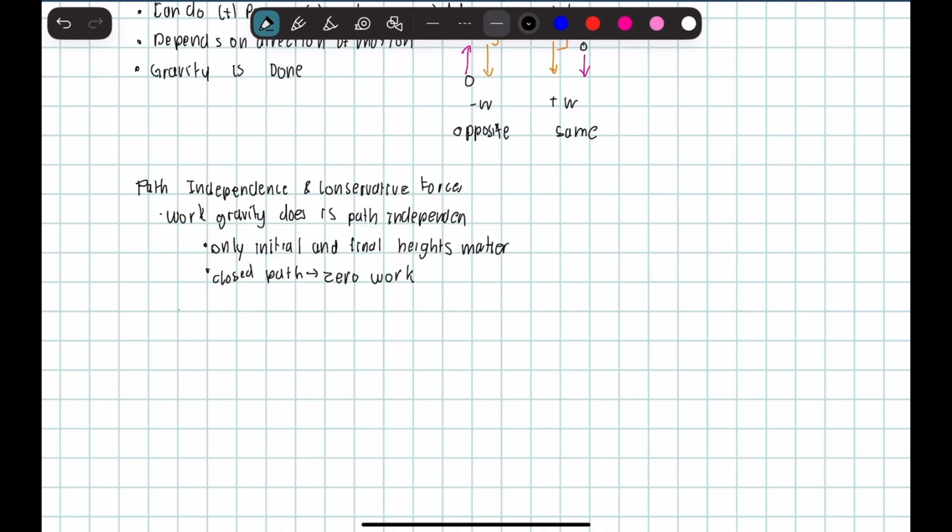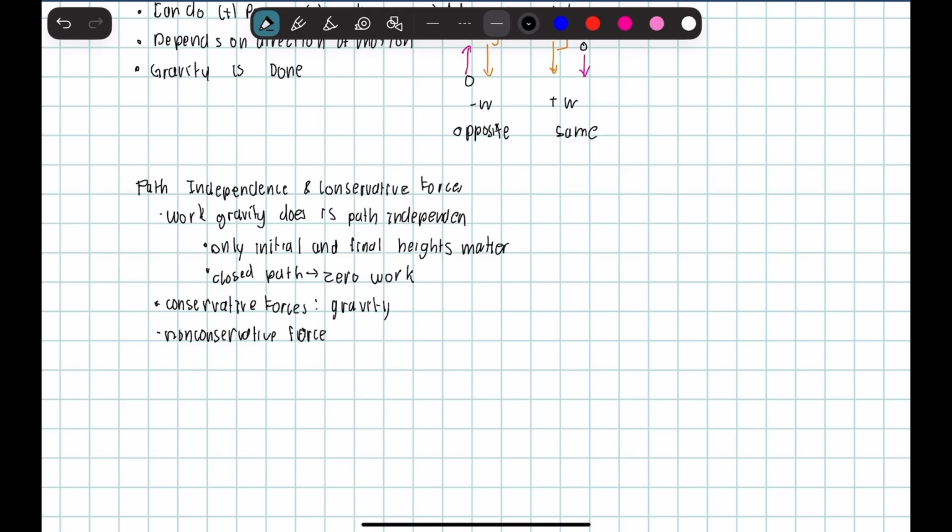Now let's talk about conservative and non-conservative forces that we just talked about. Conservative forces include gravity. And as our non-conservative force, we have friction.